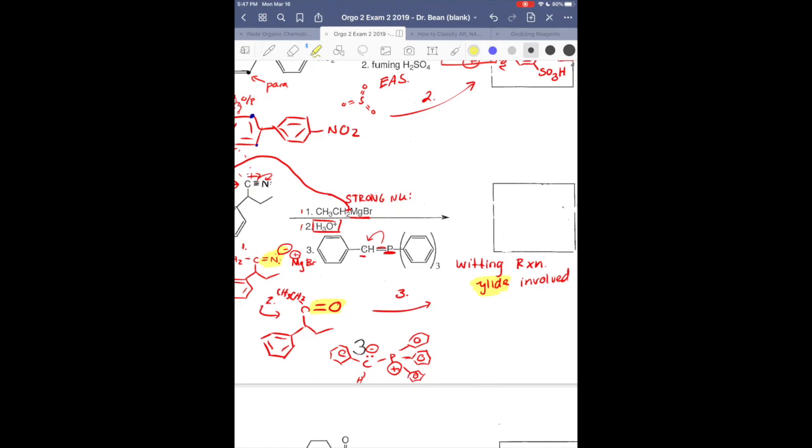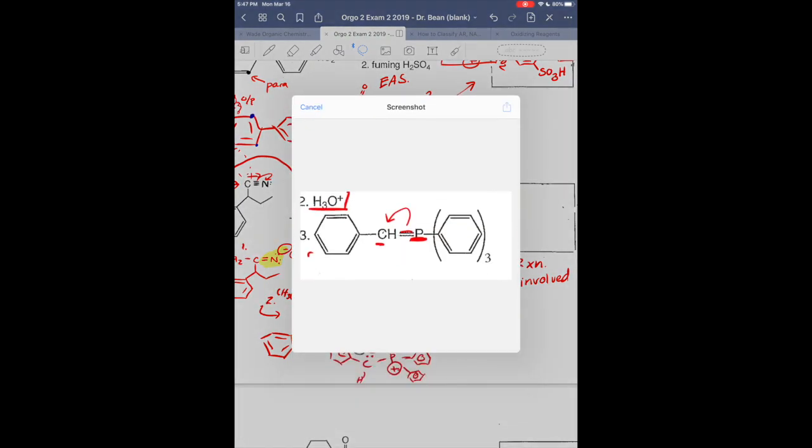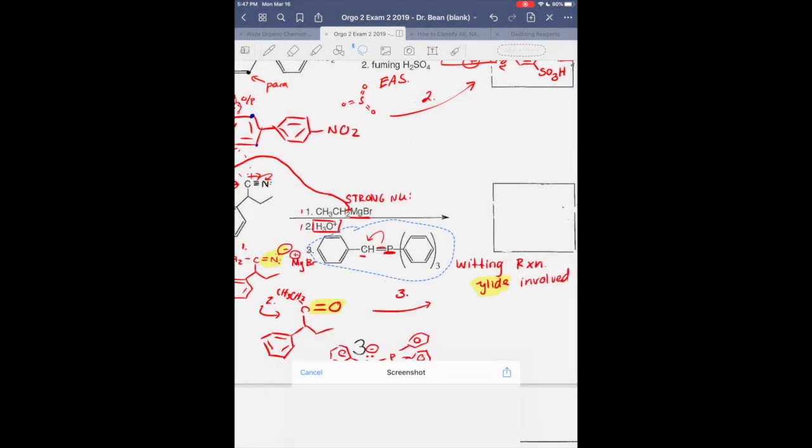So when you have this ylide here, what you can do, and this is very easy in the reaction section, all you got to do is, let me try to do this, if I can screenshot this. Let me copy.